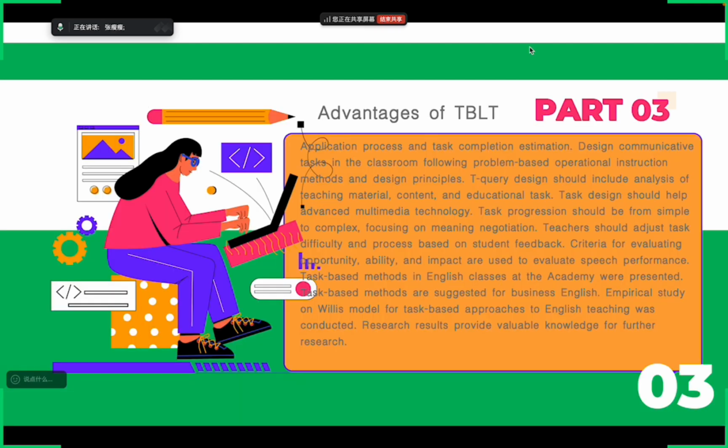The third part is focused on the advantages of task-based language teaching. Design communicative tasks in class according to specific methods and principles, making use of multimedia, progress tasks from simple to complex, and pay attention to meaning negotiation.